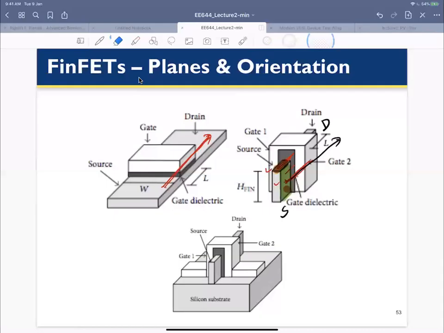But mostly, if you see the universal curve or IV characteristic of a PMOS FinFET and an NMOS FinFET, their drive current is equal. Mostly the hole mobility is almost the same as the electron mobility.